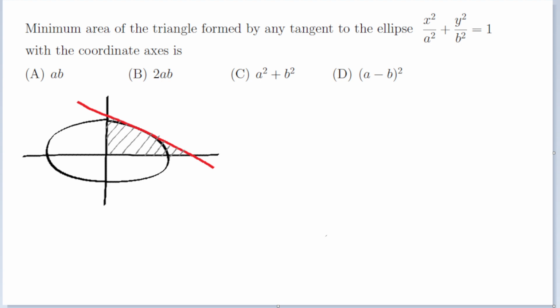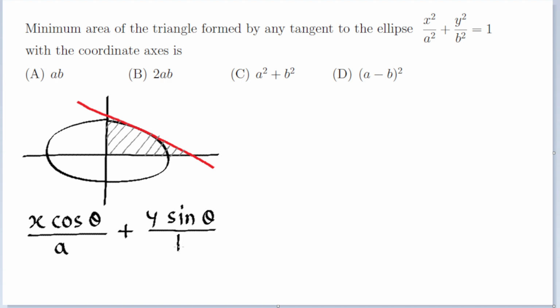Now in this case, to solve this example, we'll take help of the parametric equation of the tangent, because you will see how quickly it gives us the answer. We know that the equation of tangent in parametric form is x cos theta upon a plus y sin theta upon b equal to 1.